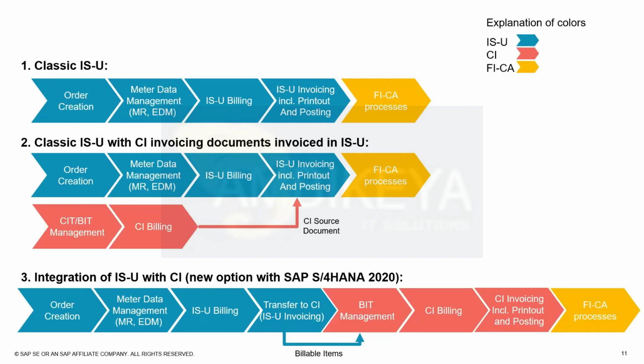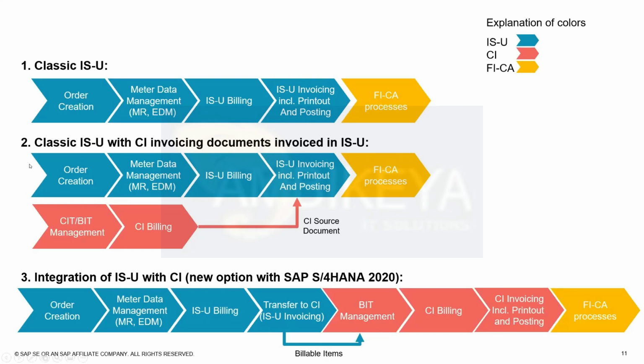One simple example is if you want to charge your electromobility car, that is a non-commodity product for the utilities industry, and here you need some other kind of software. This doesn't work with classical ISU, but it works with converging invoicing.